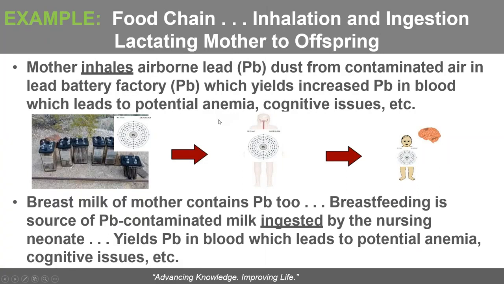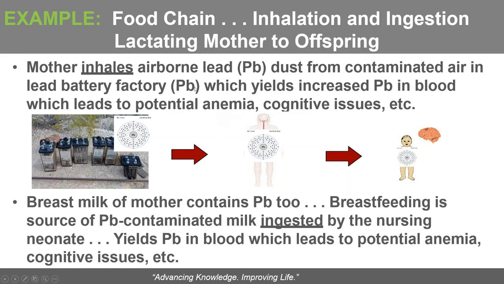But also going back beyond infectious agent and now looking at examples involving chemicals. Here's another one involving lead. So let's say there's a mother who has a young child who's nursing, so a neonate, inhales airborne lead, and the lead from the contaminated air becomes systemic in her circulation.